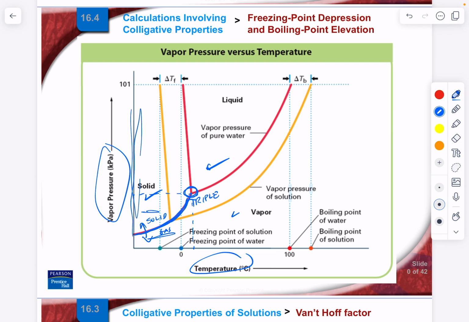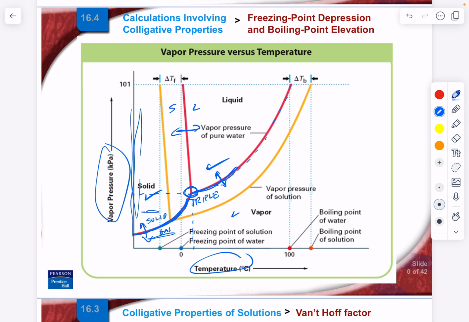Now this line right here, you're in equilibrium between liquid and vapor. And you have liquid evaporating and vapor condensing at the same time at these different temperature pressure combinations. And this is another equilibrium line between solid and liquid.